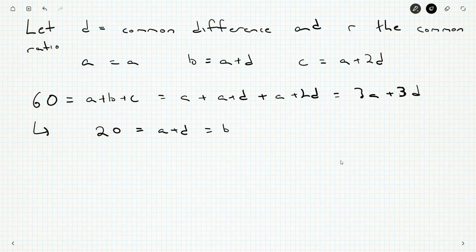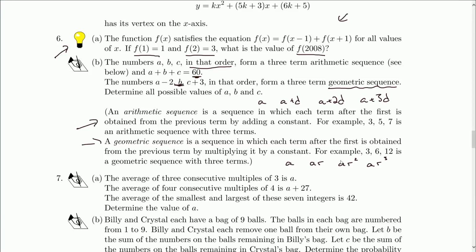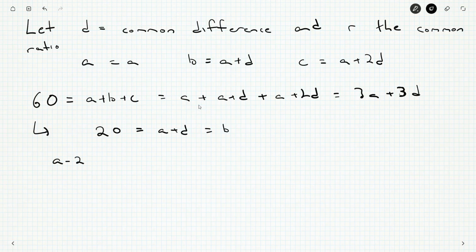So I know the middle term of both sequences, because it's B again in the middle of my geometric sequence. Both middle terms are 20. Now my geometric sequence is A minus 2 and C plus 3. So we get A minus 2, then B, which is 20, is A minus 2 times my common ratio R, and C plus 3 is A minus 2 times the common ratio R squared.